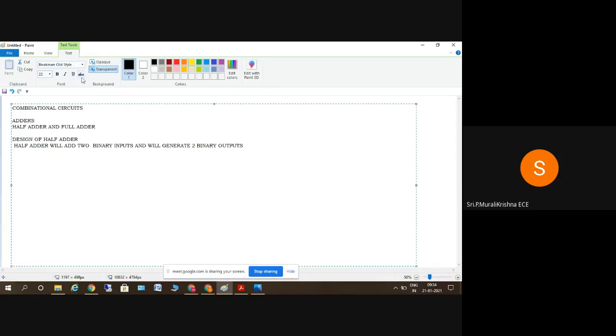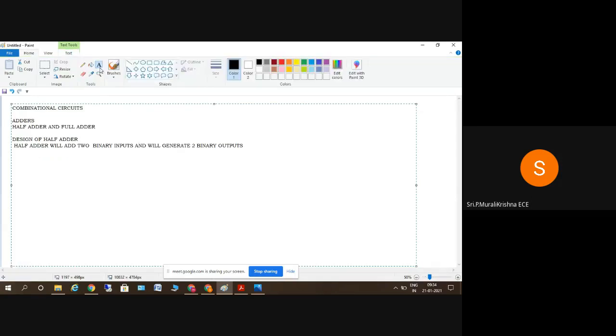So we'll draw a block diagram for this. The block diagram will be like this.